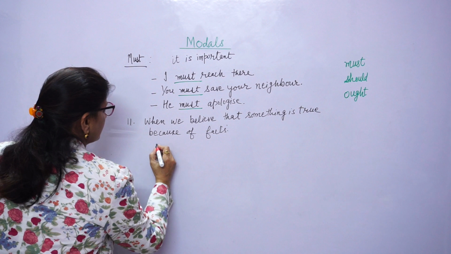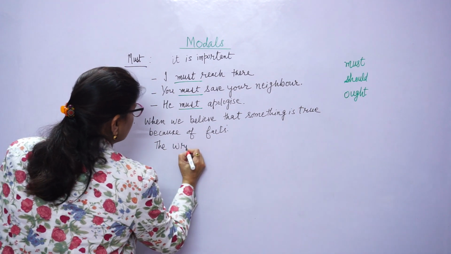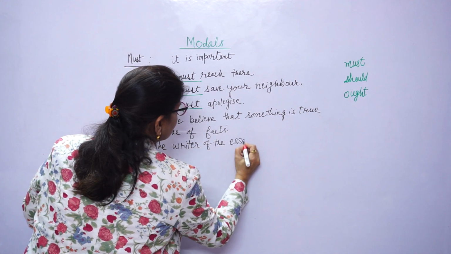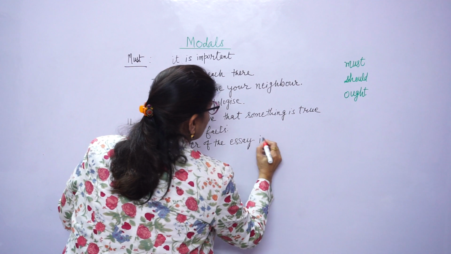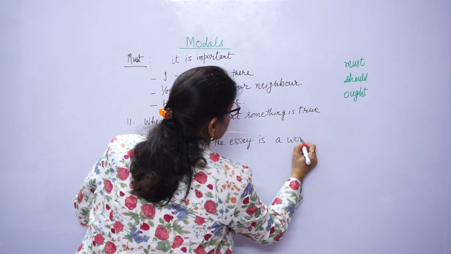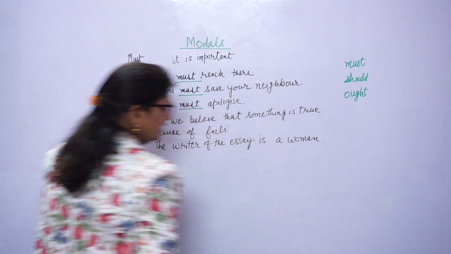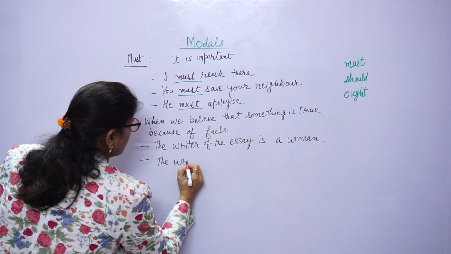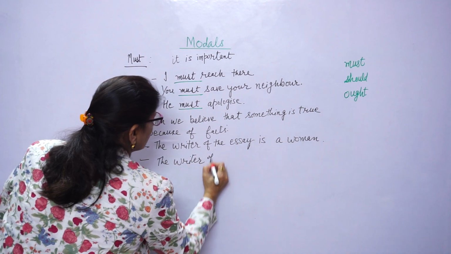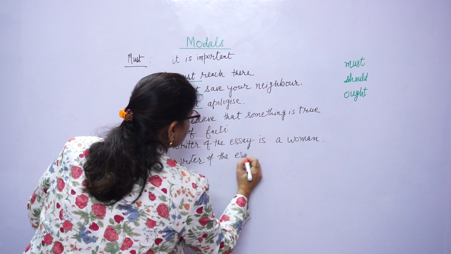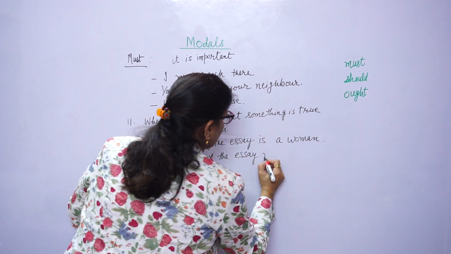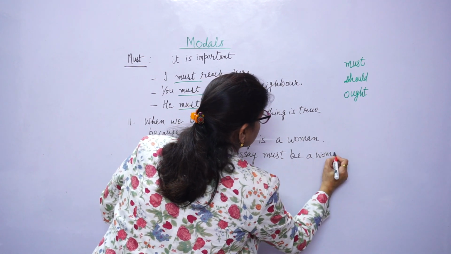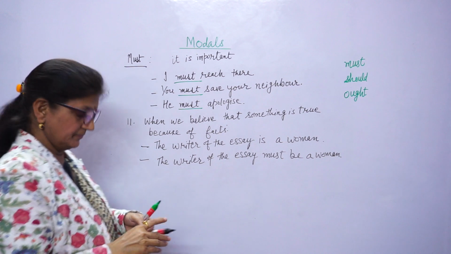If I say the writer of the essay is a woman, one sentence. The writer of the essay must be a woman. Now what's the difference?